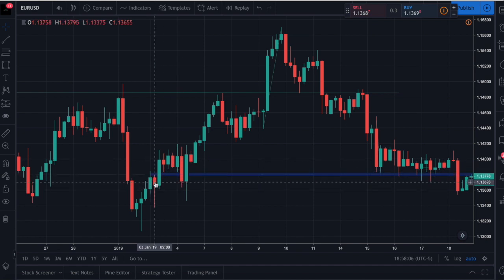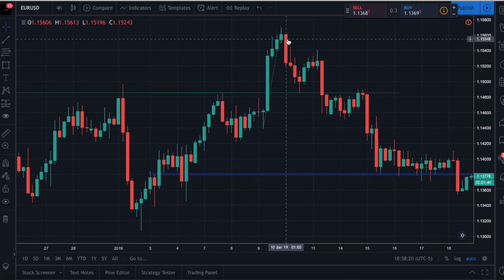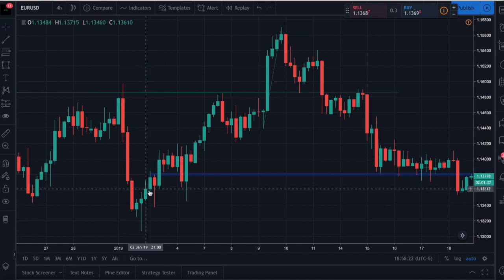After this candle, we see a large rally up. After this candle, we see a large rally up. We see this closed candle dip into this one, continuously rally up. So there's something very important about this candle and this candle.